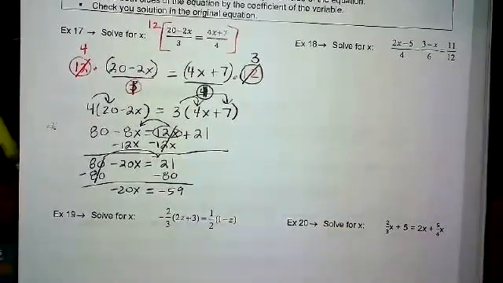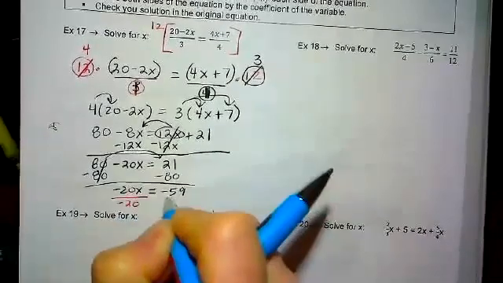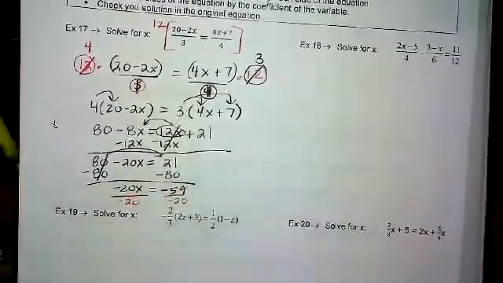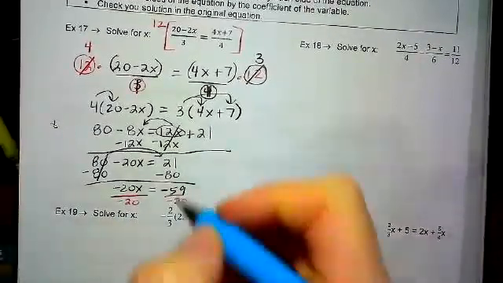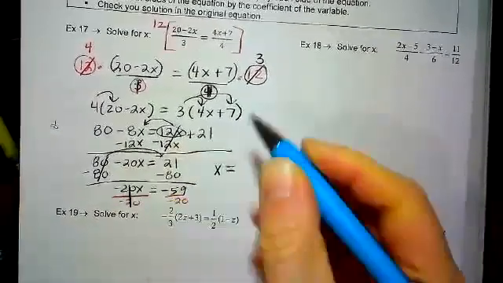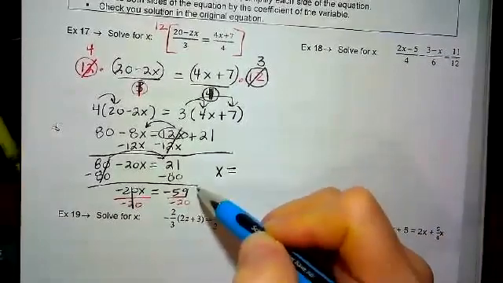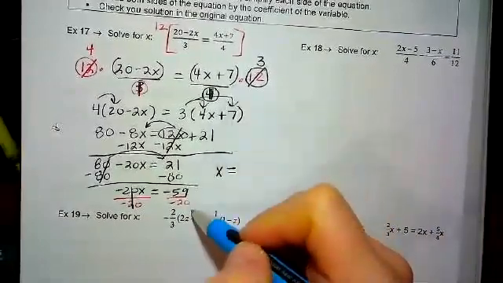Now our final step, negative 20x. To get the negative 20 away from the x, you divide by that negative 20. So negative 20 divided by negative 20 makes that a 1x. I'm going to have to put it over here because I ran out of room. And 20 can't divide up into 59. You do not want to turn that into a decimal. You need to leave it as a fraction.